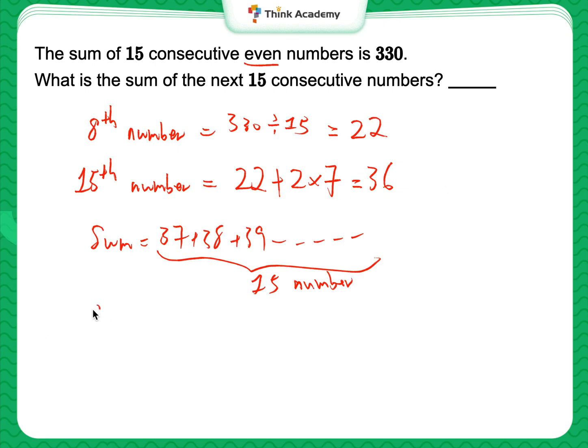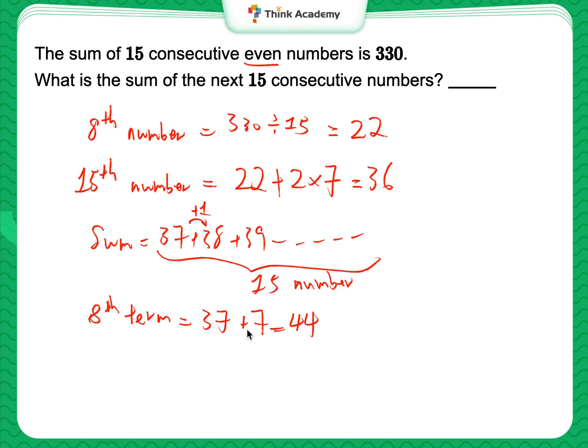So like the 8th term, we know that it is 7 common differences more, right? So each common difference is 1 this time. So it means that it is 7 more than the first number, and that's going to be 44.